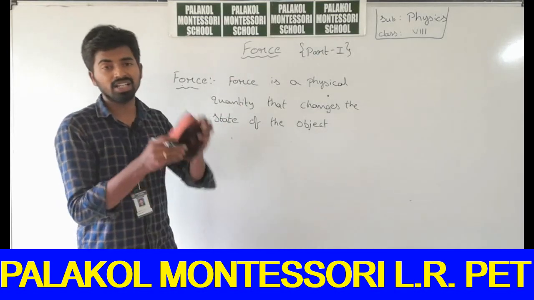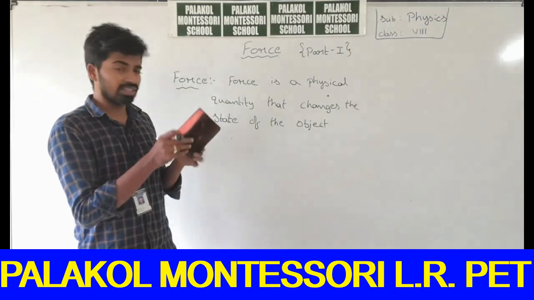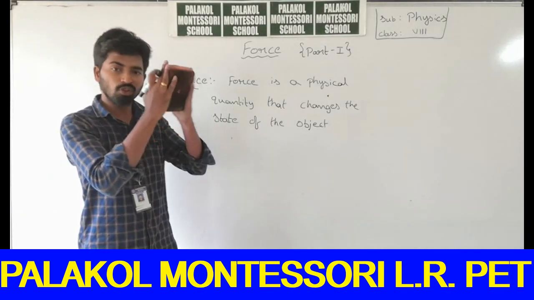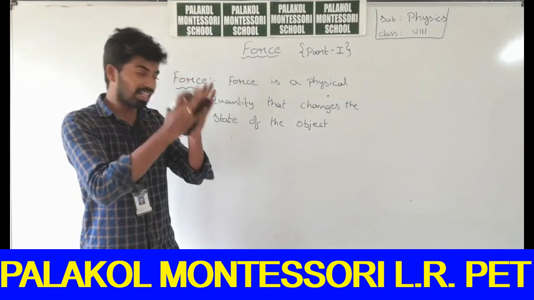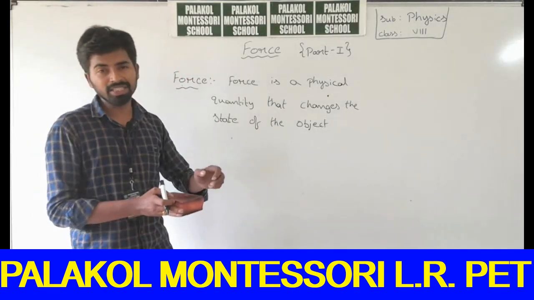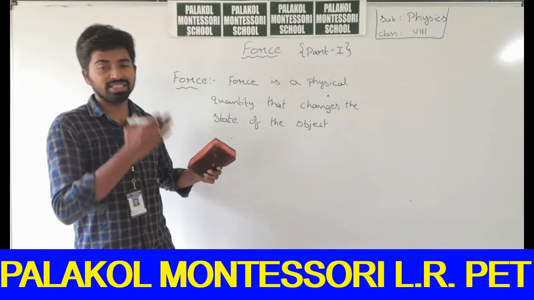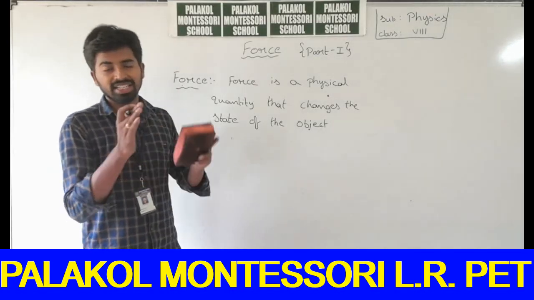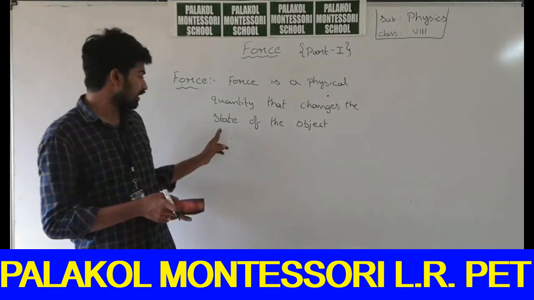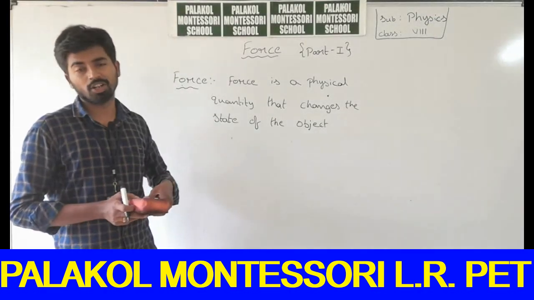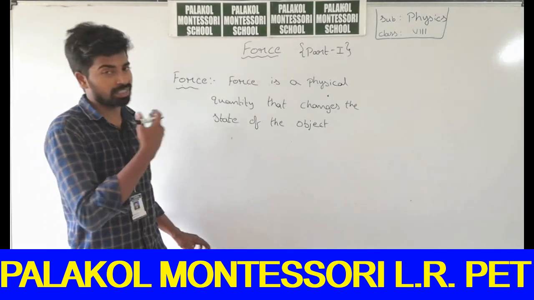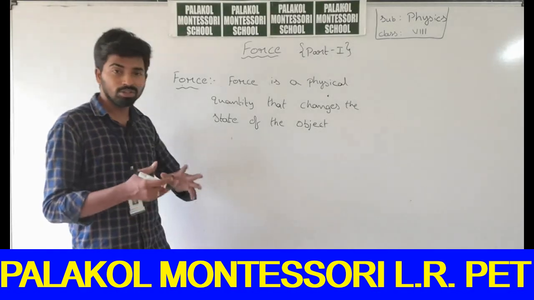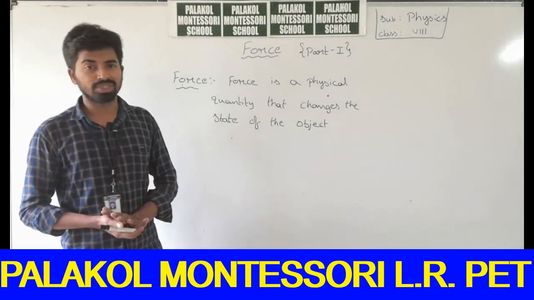The state of the object includes the shape also. If its shape is changing, force is being applied. State means the situation of the object. It can be in rest, it can be in motion, and the shape also denotes the state of the object.